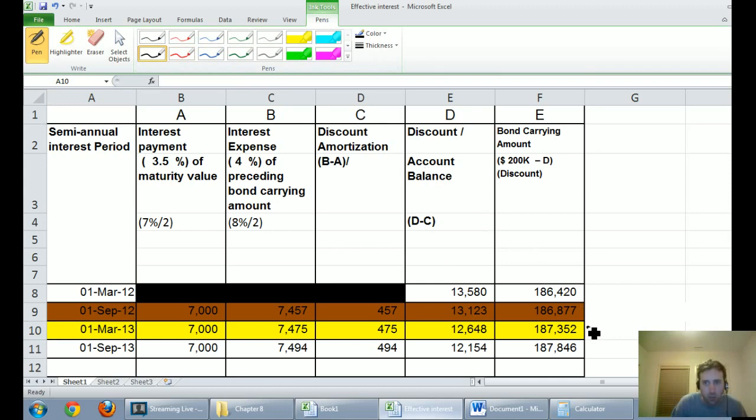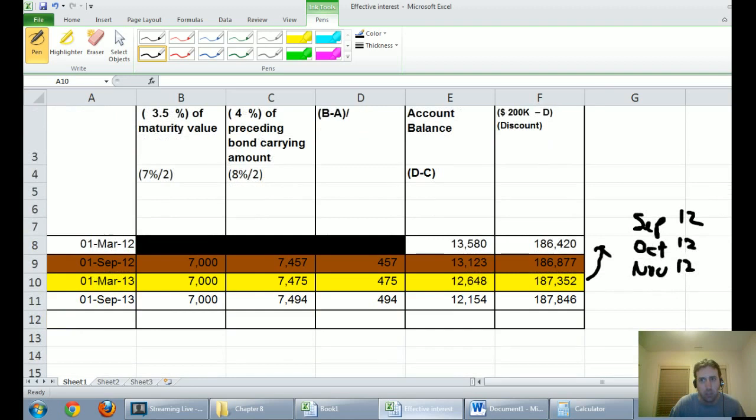The March 1st, 2013 line includes information from September 2012, because remember it's a 6-month period, October 2012, November 2012, December 2012, January 2013, and February 2013. Of course, that brings us up to March 1st. We wouldn't count March because it's March 1st.